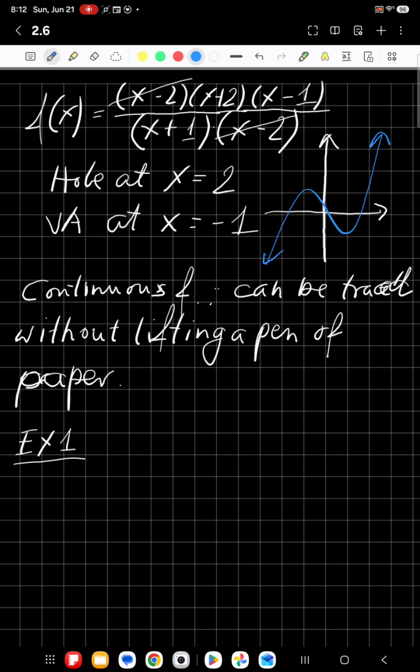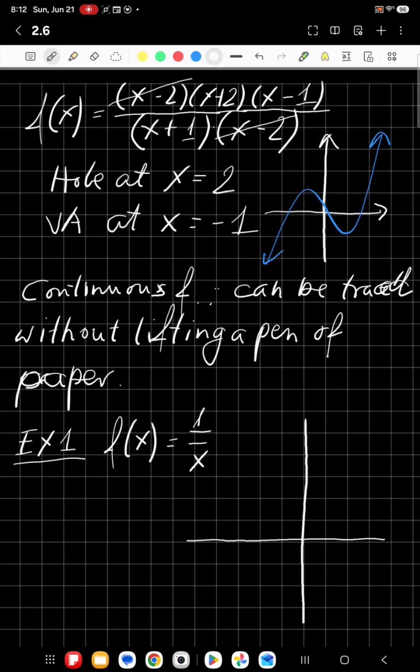So let me show you an example of a function that is not continuous. So f of x equals 1 over x. Okay, so here's the graph. All right, so we have those two branches, the hyperbola, left branch and the right branch.